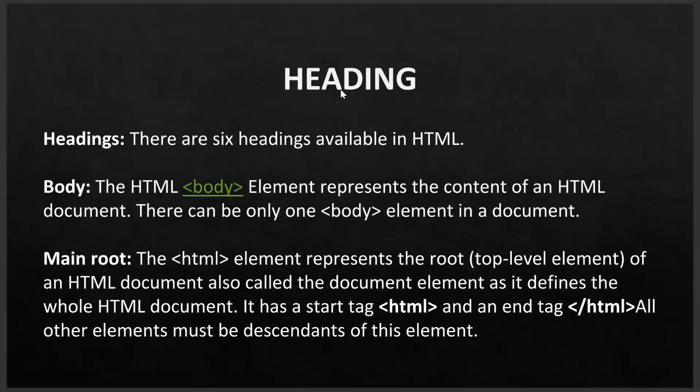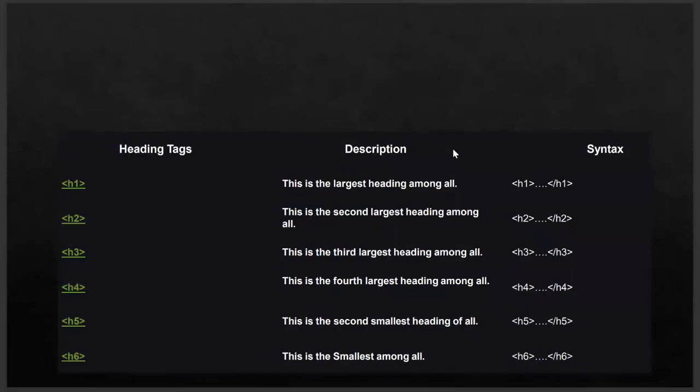Headings. There are 6 headings available in HTML. Heading tags. Description. Syntax. H1. This is the largest heading among all. H1, H1. H2. This is the second largest heading among all. H2, H2.